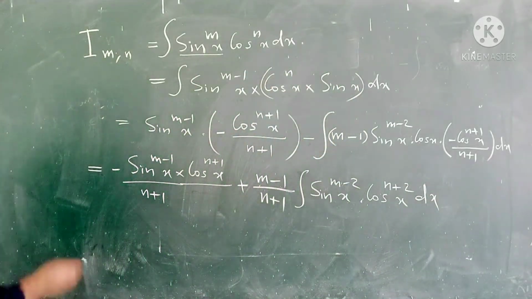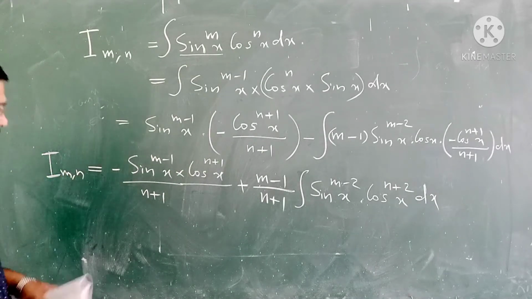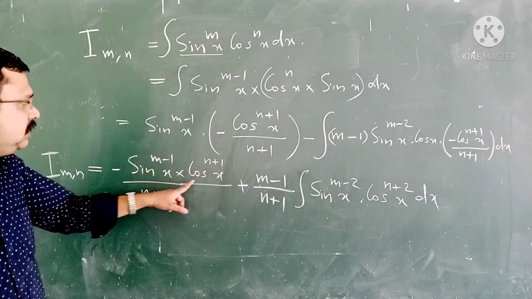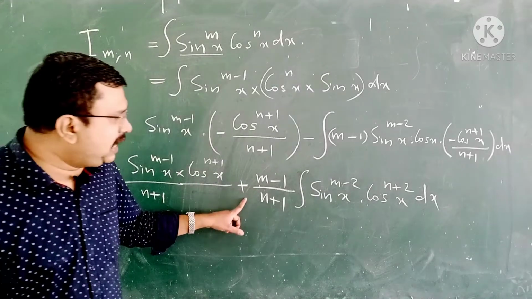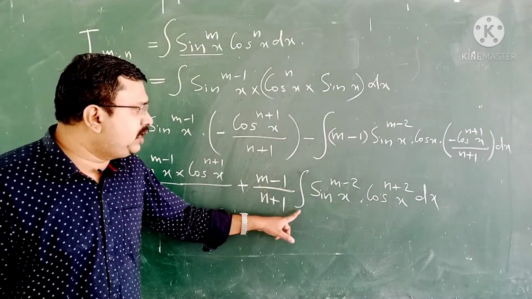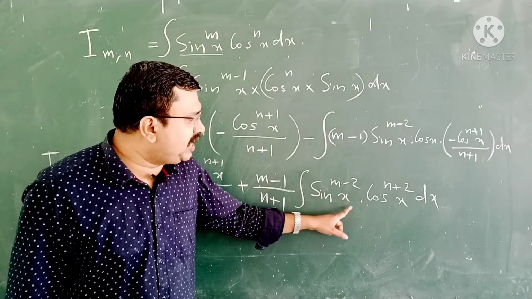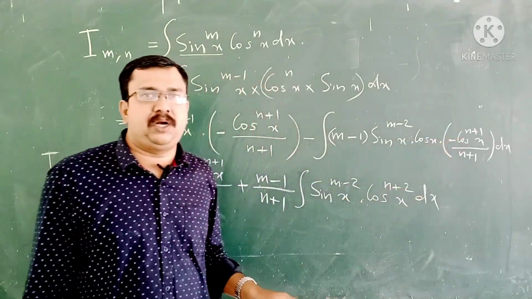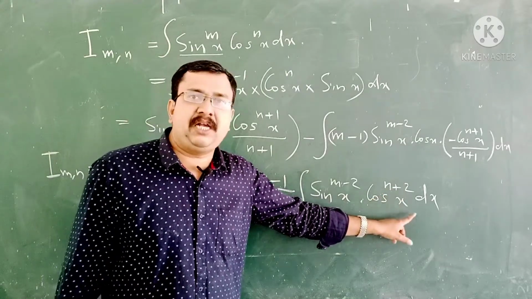That is our I_mn. Our I_mn is minus sin^(m-1) x into cos^(n+1) x divided by n plus 1, plus (m-1) divided by n plus 1 into the integral of sin^(m-2) x into cos x into cos^(n+1), that is equal to cos^(n+2) x dx.